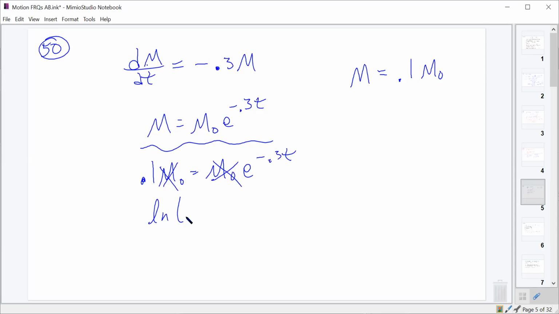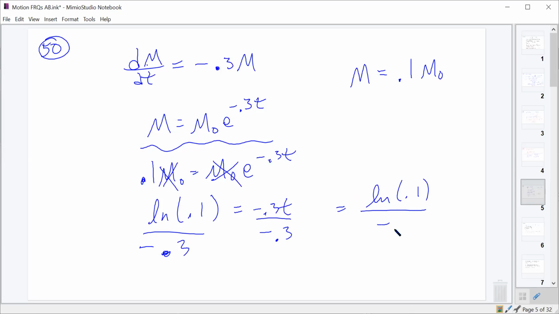Take the natural log and divide by negative 0.3. So natural log of 0.1 over negative 0.3. What would that come out to be? 7 2/3. Great.